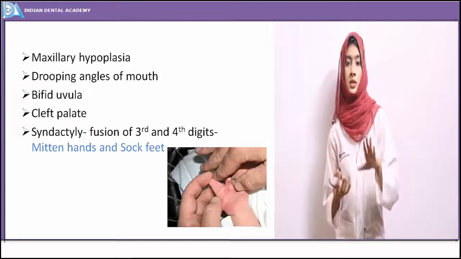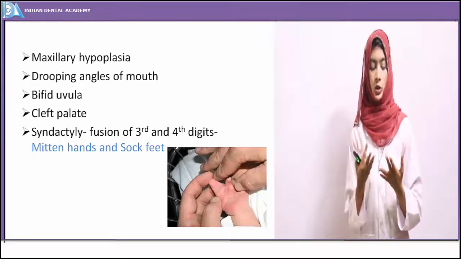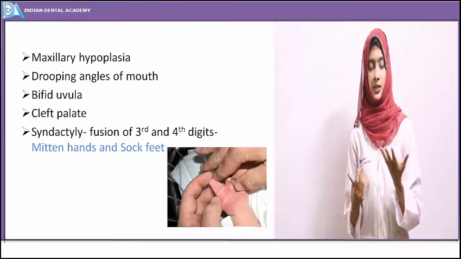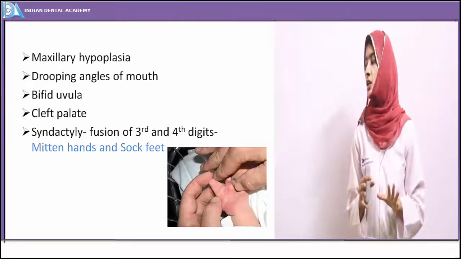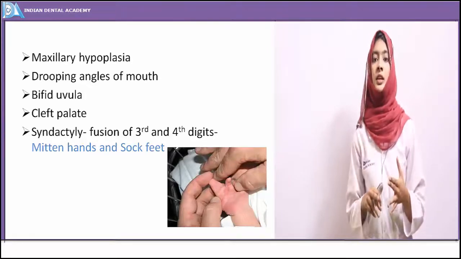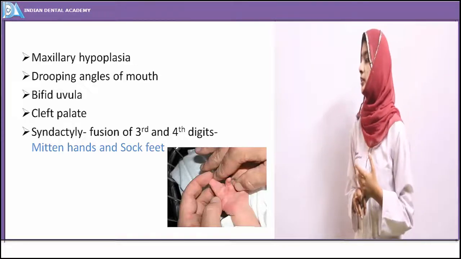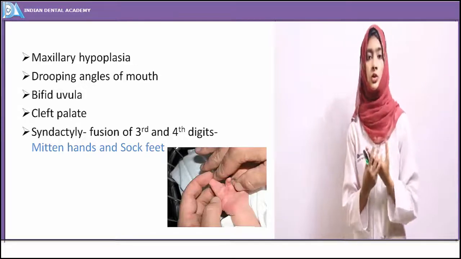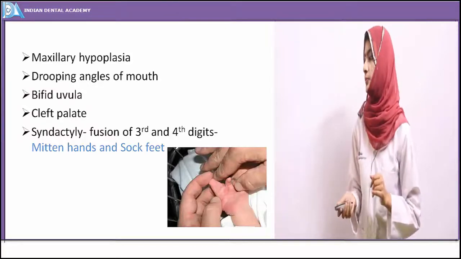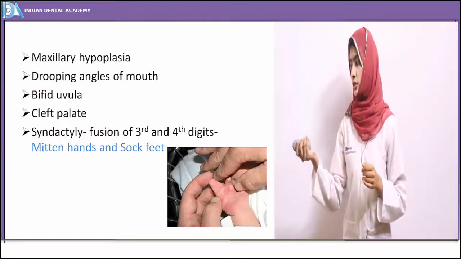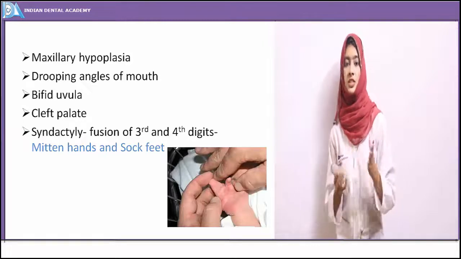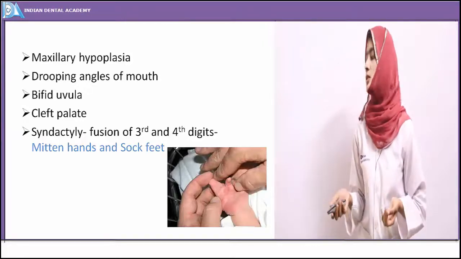Normally, during embryologic development, cell death or apoptosis takes place, which gives rise to division of fingers. If apoptosis does not occur, it gives rise to fusion of fingers. Even in the clinical picture, the characteristic mittened hands appearance is seen.